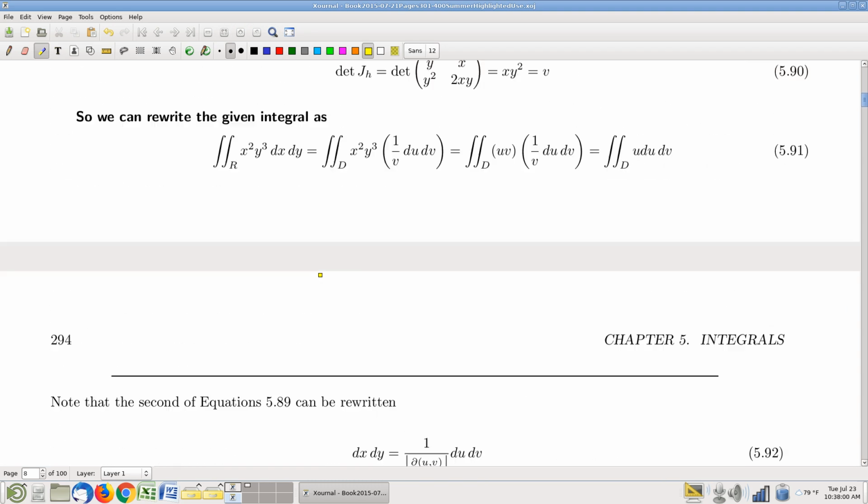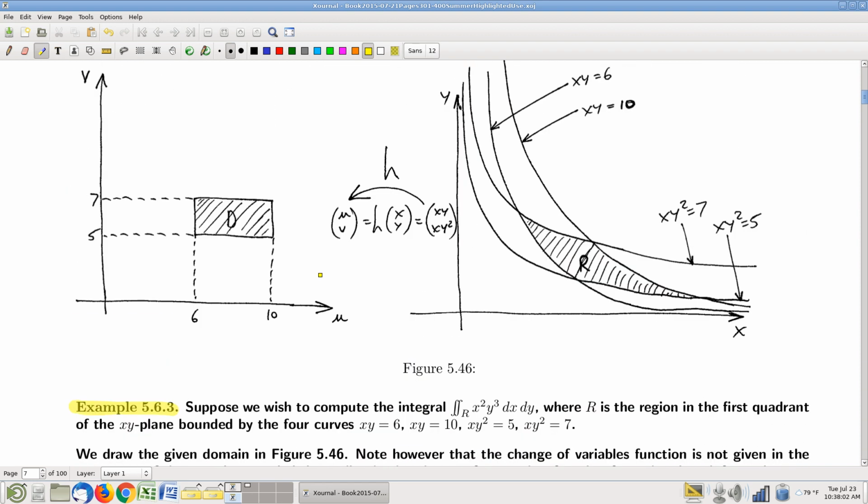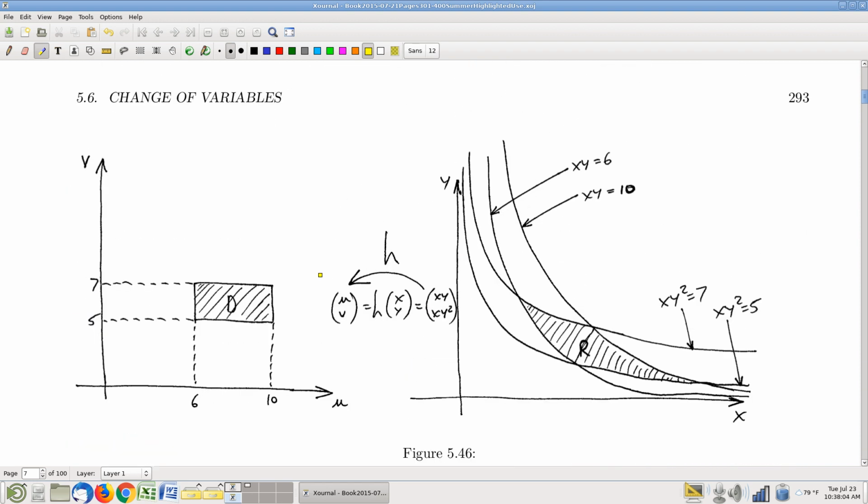Okay, so we've seen a couple of examples of finding change of variables functions. In this one, if the domain is given to you in such a way that you've got functions of x and y kind of given, right? Notice they have to be functions that are being set equal to constants.